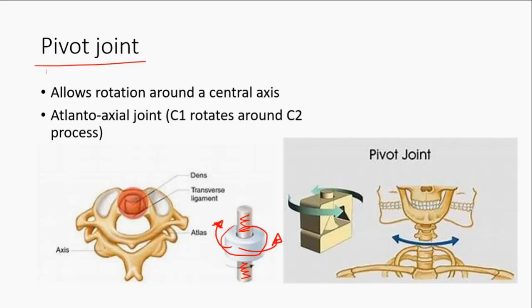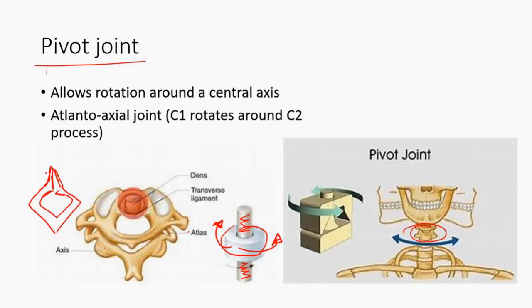If I draw your axis here at the top, there's actually a spinal process. Your atlas, remember, is located at the C1, C2 level of your spinal column.